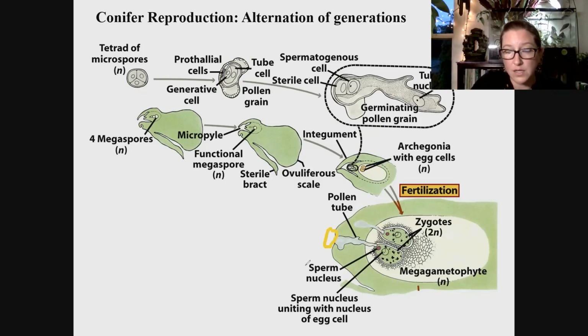Pollen grain would have landed right here, right? Mickey Mouse would have landed right there. Pollen tube cell would grow into the female gametophyte, and the egg and the sperm would be able to be united. And when that happens, we've got our 2N zygote. And the ovule is now a seed.